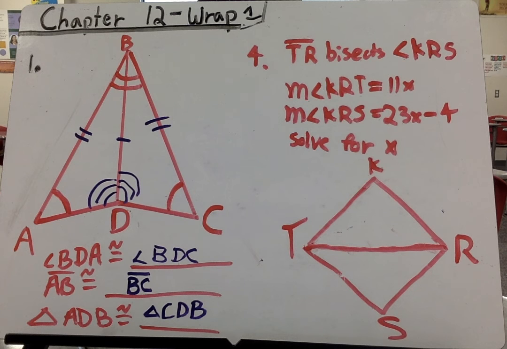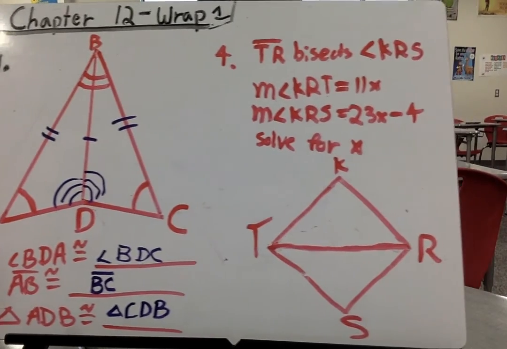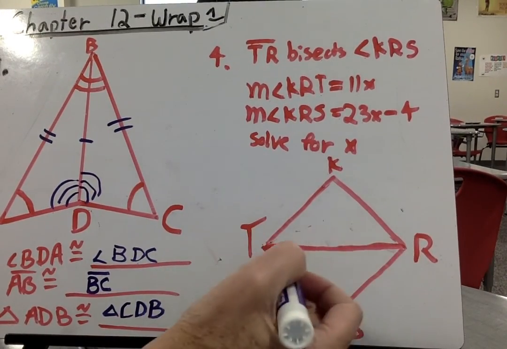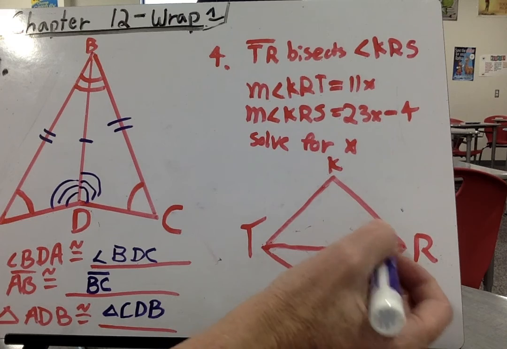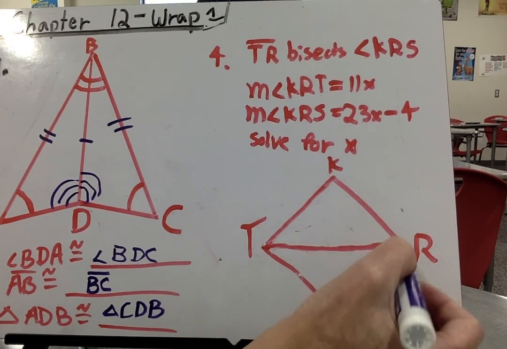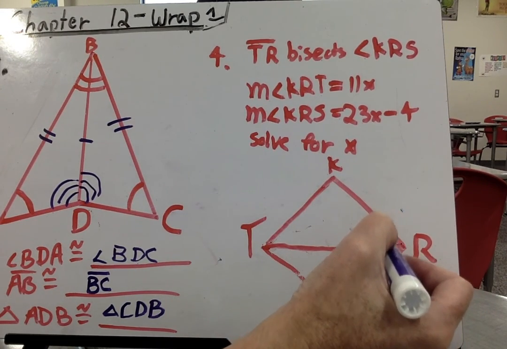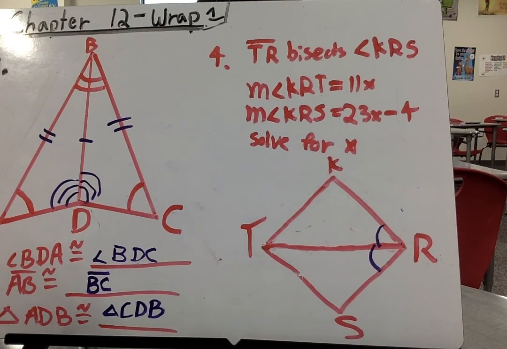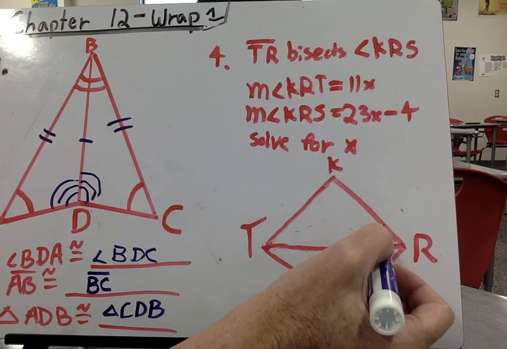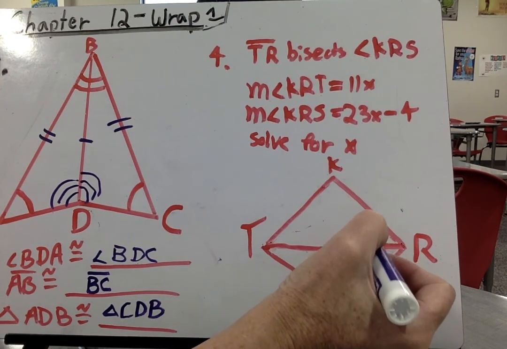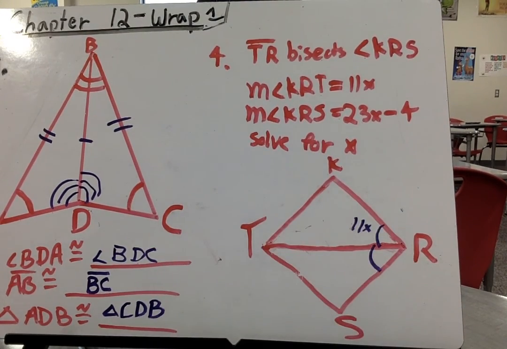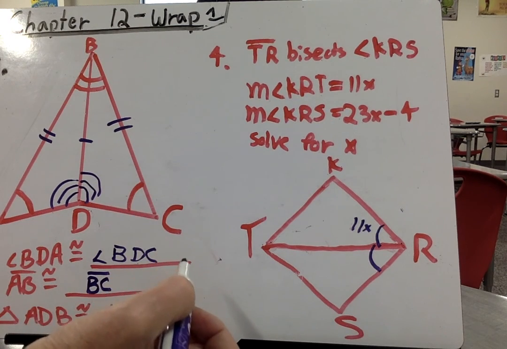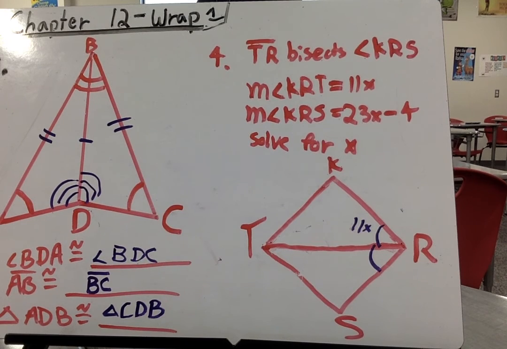It says mark congruent parts and solve. TR bisects KRS. That means it cuts this angle in half. So I know this is congruent to that. Measure of KRT, that's this one, equals 11x. And measure of KRS equals 23x minus 4.